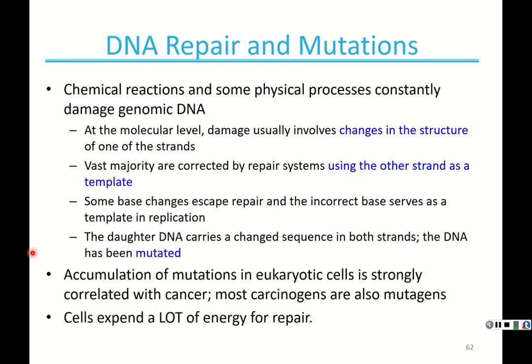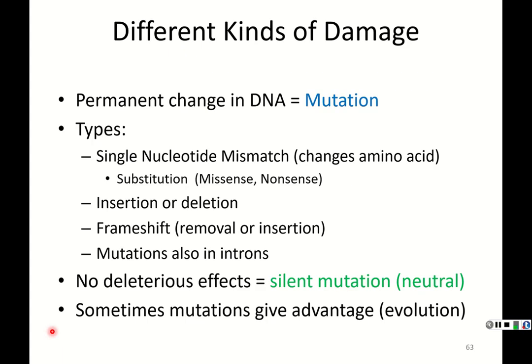Accumulation of mutations in eukaryotic cells is strongly correlated with cancer. And most carcinogens are also mutagens. So most chemicals that cause cancer are doing so because they are causing mutations in the DNA. And again, cells expend a lot of energy for repair. So let's look at different kinds of damage.